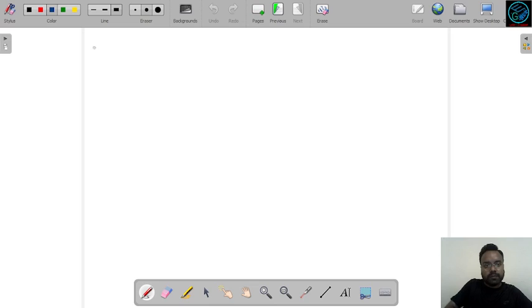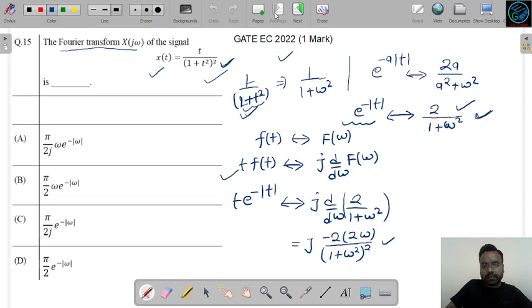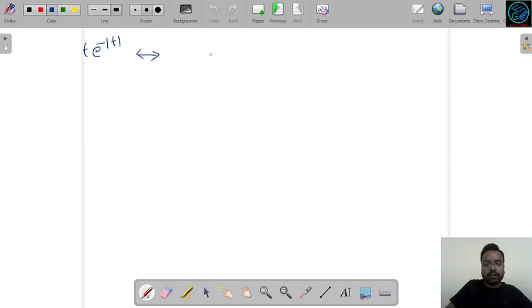So we have got that the Fourier transform of t e to the power minus mod of t is simply minus 4j omega upon 1 plus omega square to the whole square.